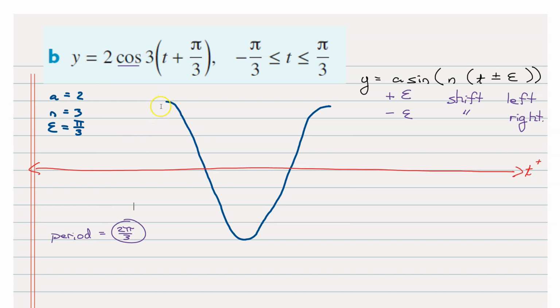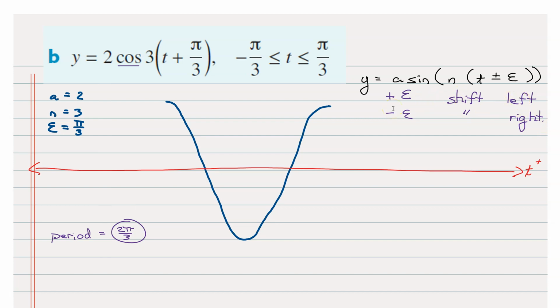But in this case, not only have we been period dilated, but we've got a shift of positive pi over 3. Recall, if we've got a positive shift, or an epsilon that's positive, we're not going to shift to the right like we did in the last video, we're actually going to shift to the left.